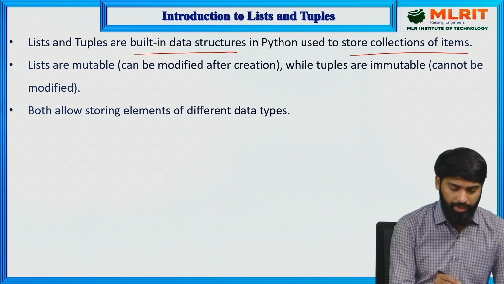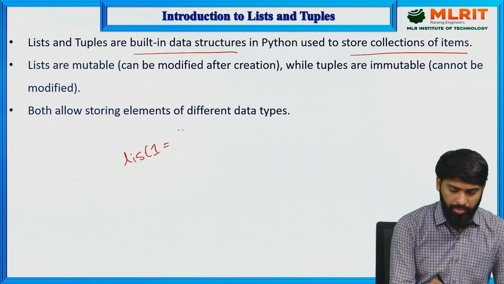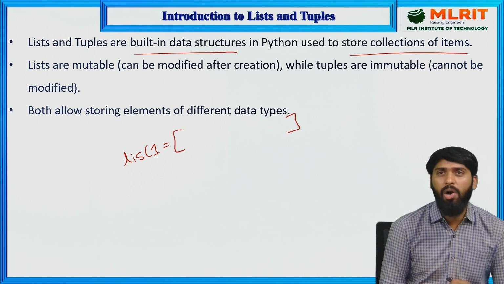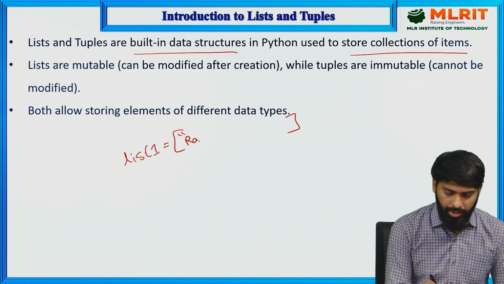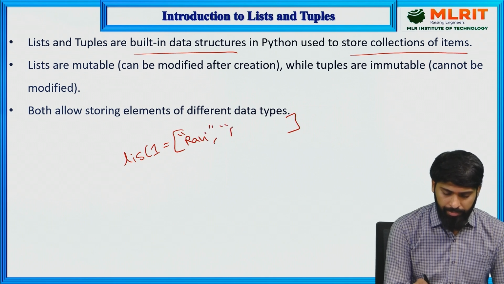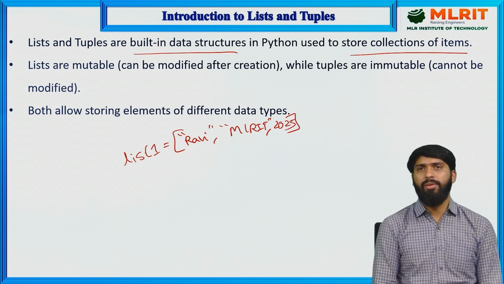For example, if I define a list like this, list 1 equals, here I am going to give all the list items. For example, Ravi, MLR rating, 2025.